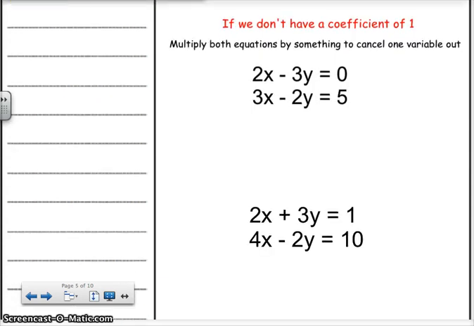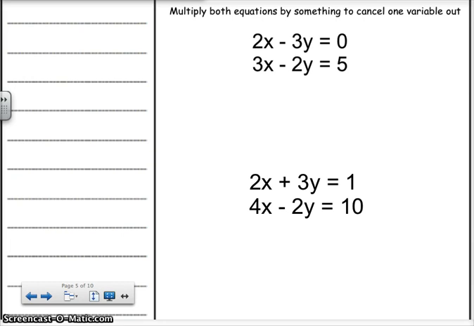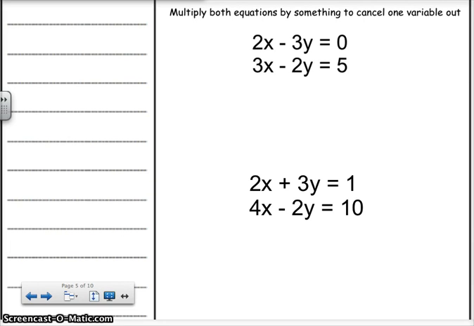Okay, so we left out the previous examples because I could multiply one equation to get the opposite of the other. Again, my main goal for step 1, I want opposites. That's my main goal. So I look at 2 and 3. What is a common multiple of 2 and 3? 6.